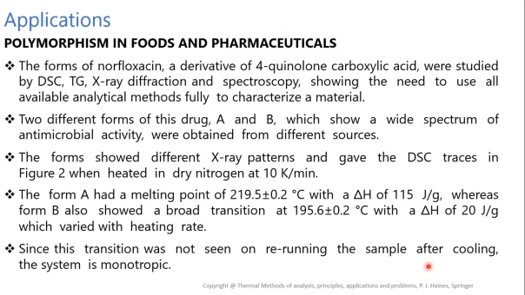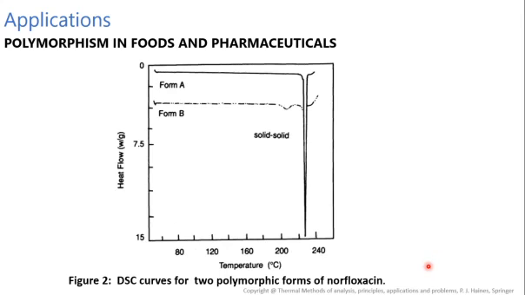If you see these two values corresponding to melting point and enthalpy change, there is a big difference. These values also vary with the heating rate; if you change the heating rate, these values change. Since this transition was not seen on rerunning the sample after cooling, the system is called monotropic. We have already discussed monotropic in the previous chapter.